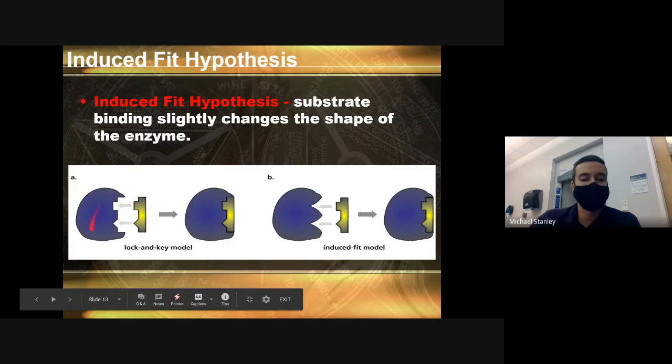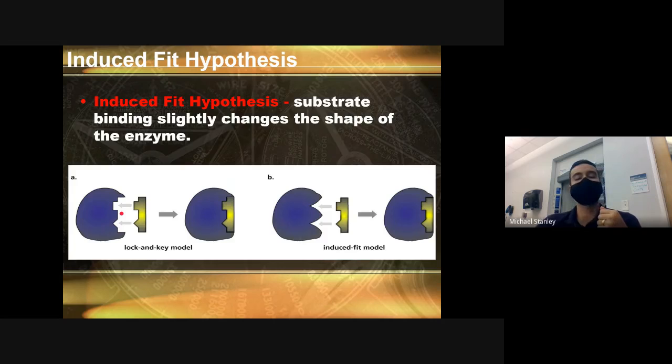So in some cases, maybe it's a lock and key model where the substrate comes in and binds perfectly. In other cases, it might be this induced fit idea where the substrate changes the shape of the enzyme slightly.